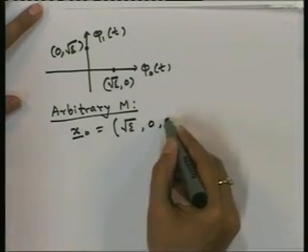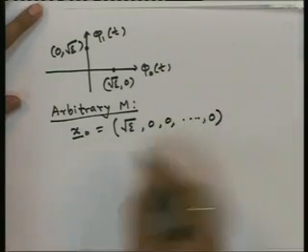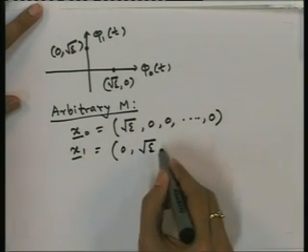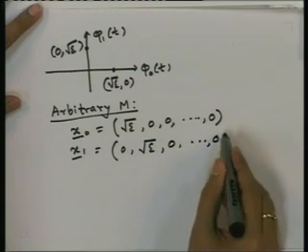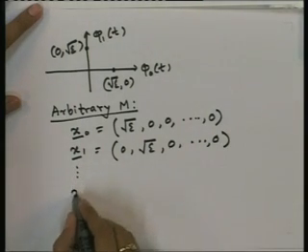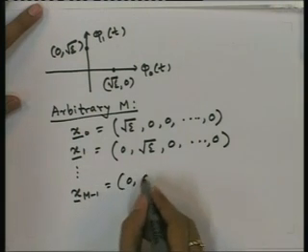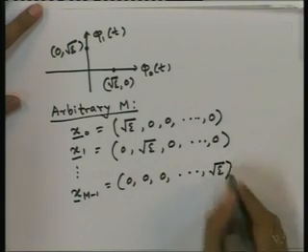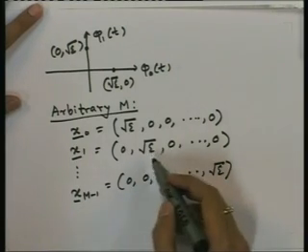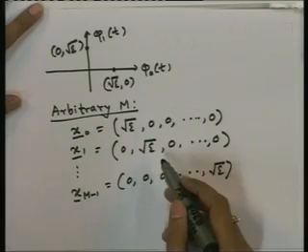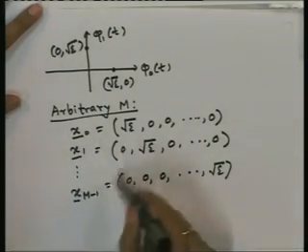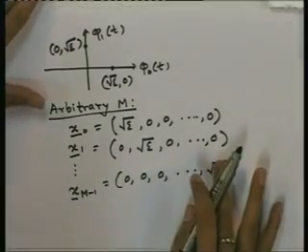So root E, then 0, 0, all zeros. Then x_1 will have only the second component non-zero, all others zeros. Similarly, x_(m-1) will be all zeros, then root E. And you can verify that the distance from any point to any other point is root over 2E for the orthogonal FSK signal set.